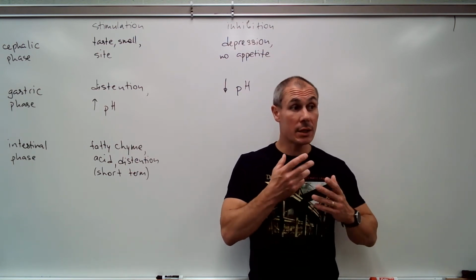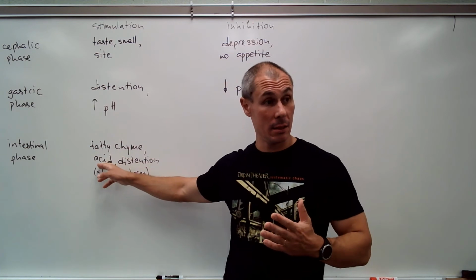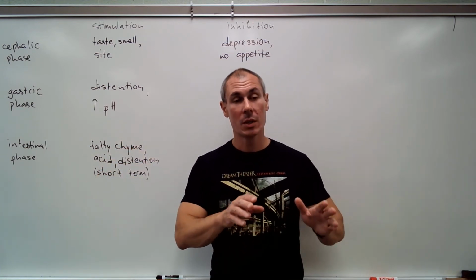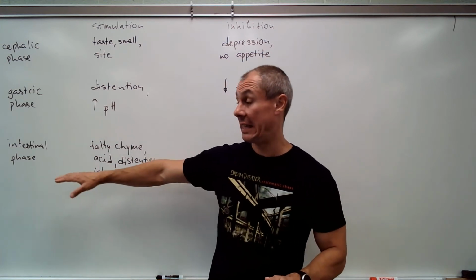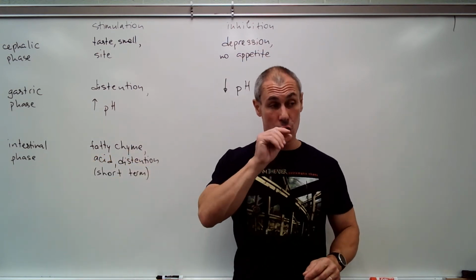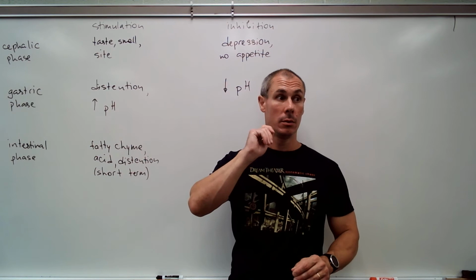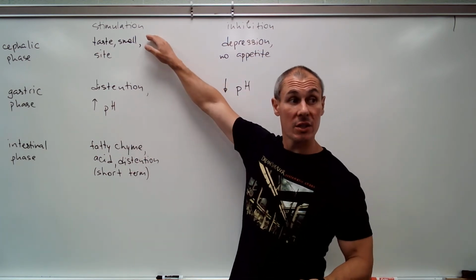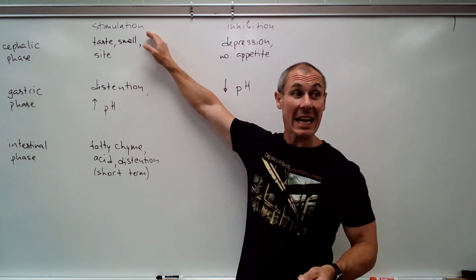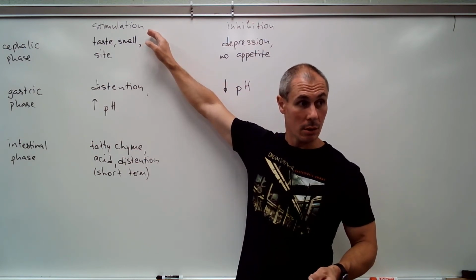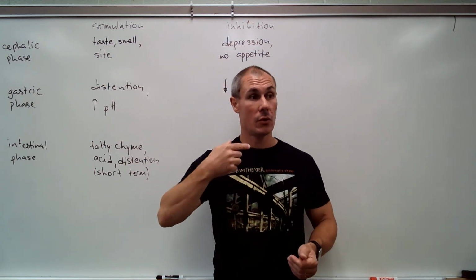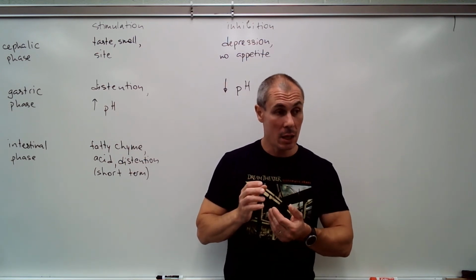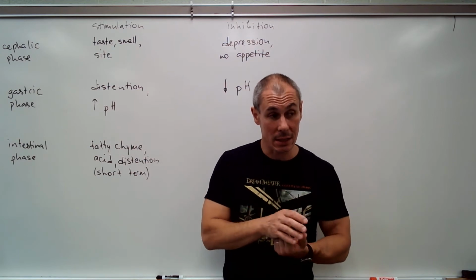So you have two main chemical stimuli, acid and fat. Are you following me? Acid and fat in the intestine in a short-term period will stimulate gastric digestion. It will increase the motility.